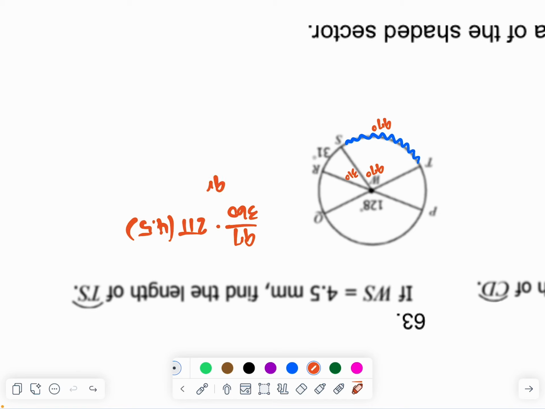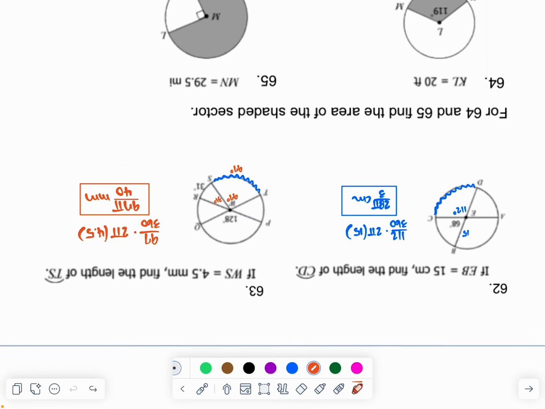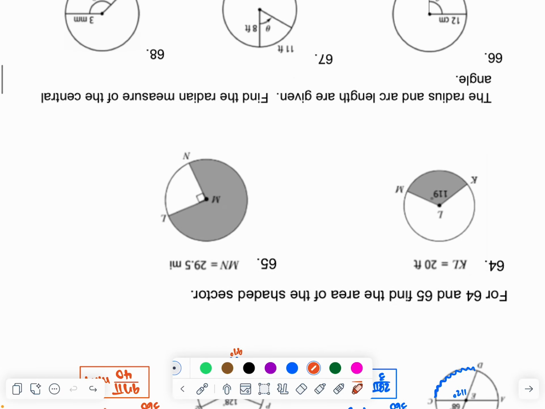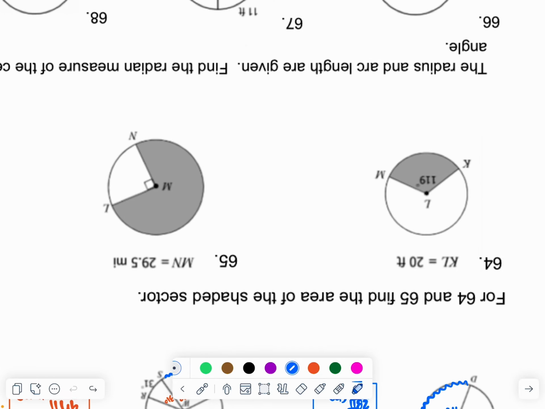So that's going to give us 97 pi over 40. And that would be millimeters. We don't see millimeters very often. Sorry, units, but there you go. If you want to, you can write that as 2.425 pi, since that is a finite decimal, so that would be okay too.